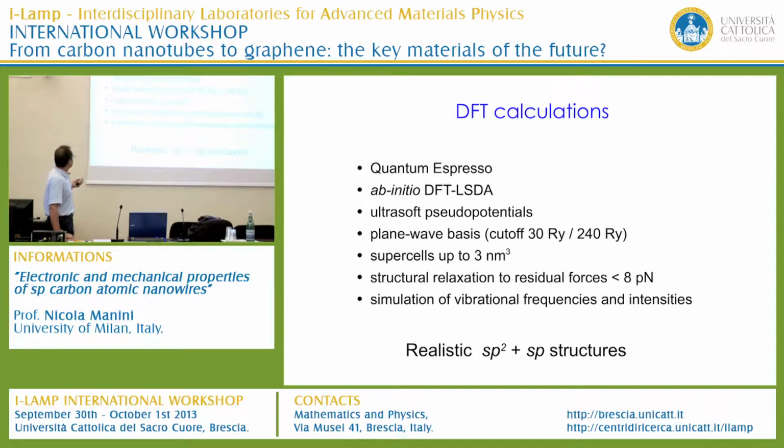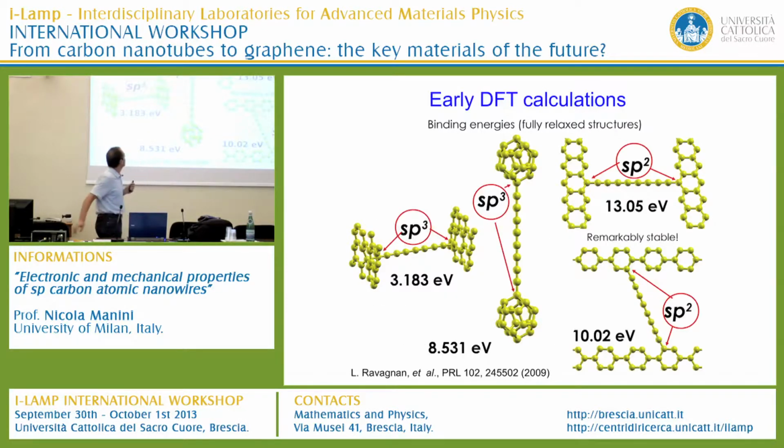These are standard methods for the calculation of the electronic structure. Then we can also do structural relaxation to compute the fully relaxed structures. And we can also compute vibrational frequencies, which we can compare to Raman spectra, using density functional perturbation theory. So first of all, we evaluated the interaction of those carbon chains in different chemical situations when binding to different sorts of compounds.